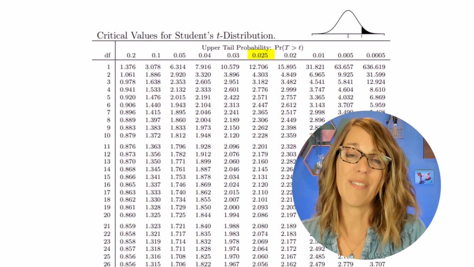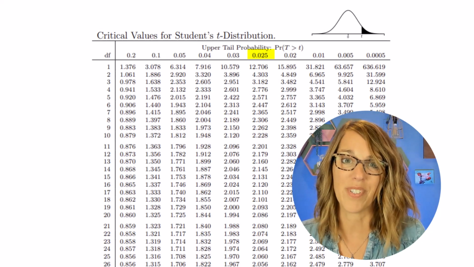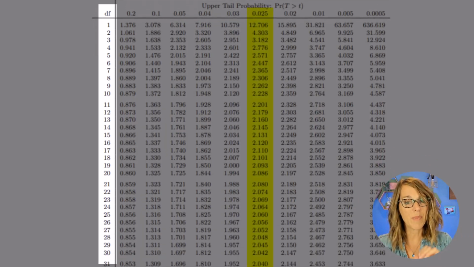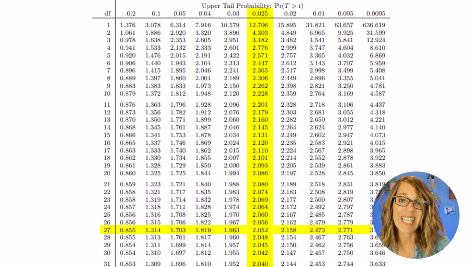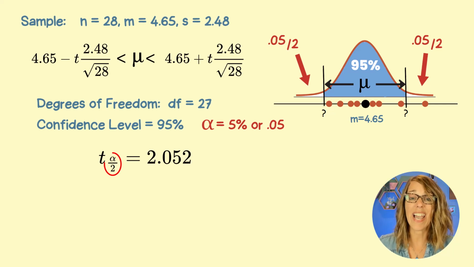You might be lucky enough to have a table that also has the confidence level of 95%. Okay, so we're in the correct column. Those degrees of freedom, remember, was n minus 1, which was 27 for us. So moving over, I end up with a t of 2.052.